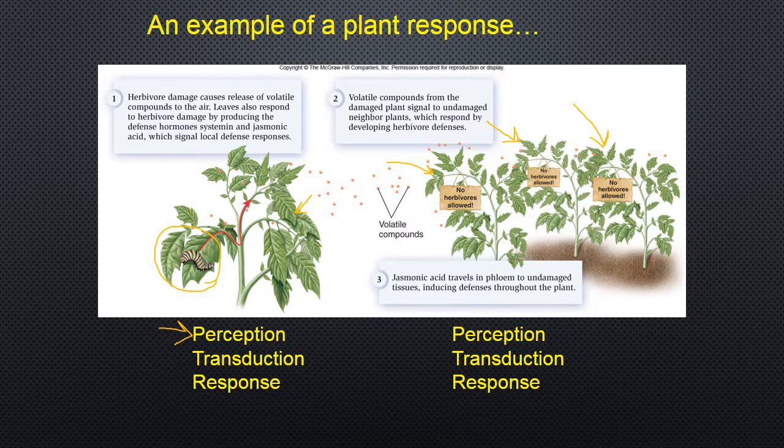And in both the original plant and the neighboring plants, that primary binding of the receptor allows for gene expression to be turned on and new proteins to be made, so that's our transduction. And then the response is that jasmonic acid travels in the phloem of all the undamaged tissue to induce these defense responses throughout the original plant as well as the yet unaffected plants. So the response is jasmonic acid production throughout the plant.